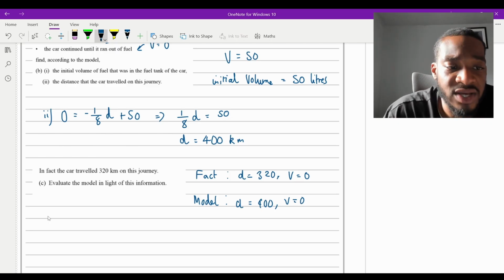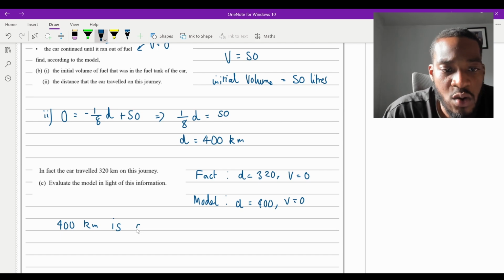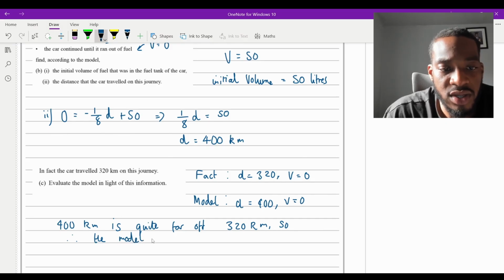So what you're going to say is that 400 kilometers, which is what our model tells us, is quite far off 320 kilometers. So therefore, the model is not suitable.